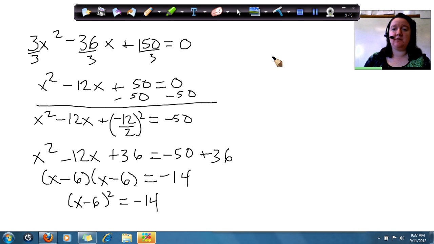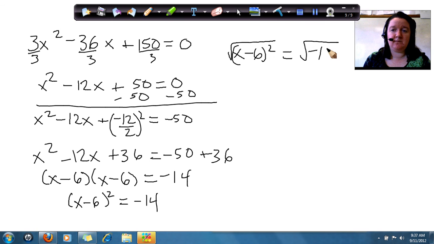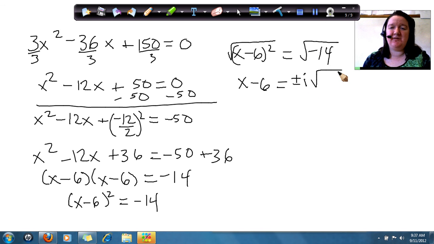Now we want to take the square root of both sides. So that's going to give me x minus 6 equals plus or minus, and because it was a negative, I'm going to pull an i out. And 14 doesn't have any pairs that I can pull out, so I'm going to leave that the way it is. So we're going to add 6 to both sides.